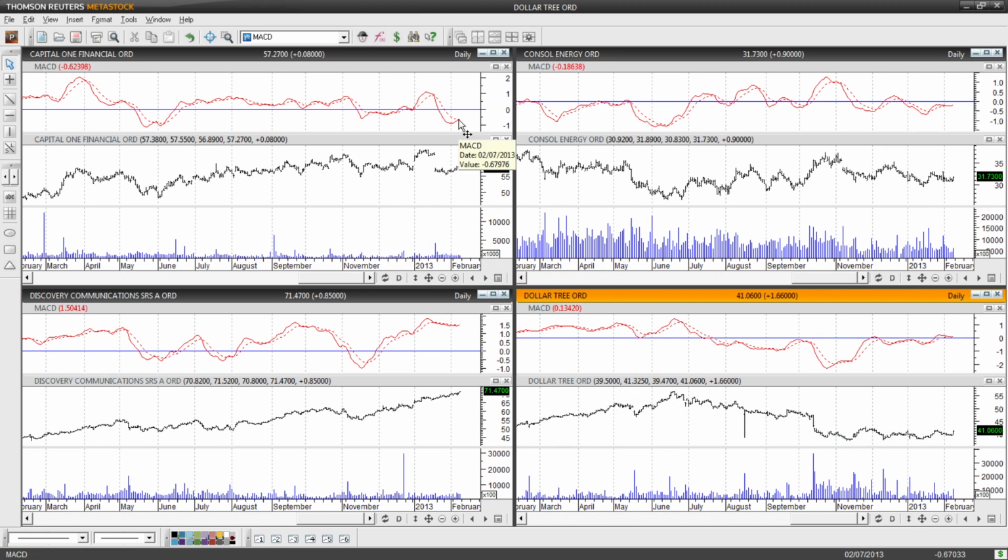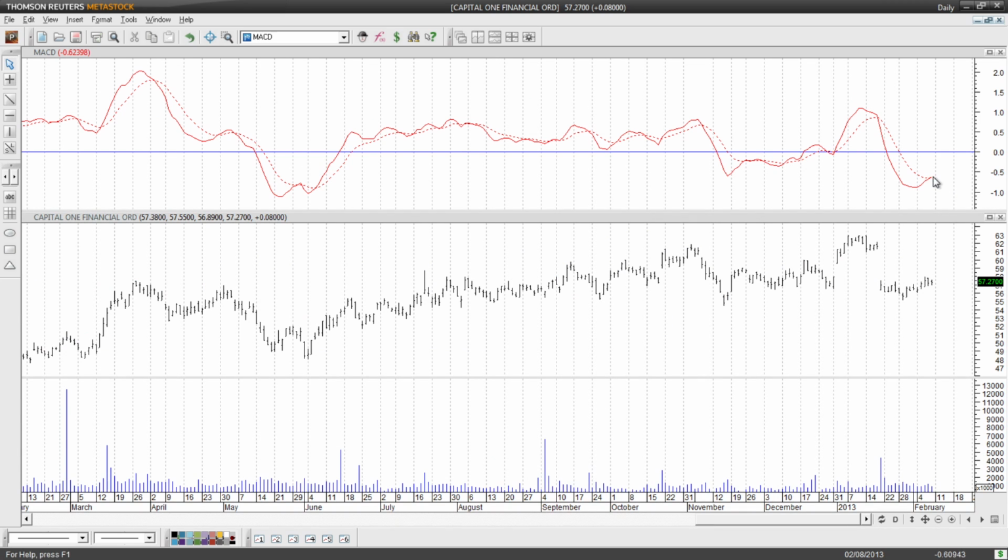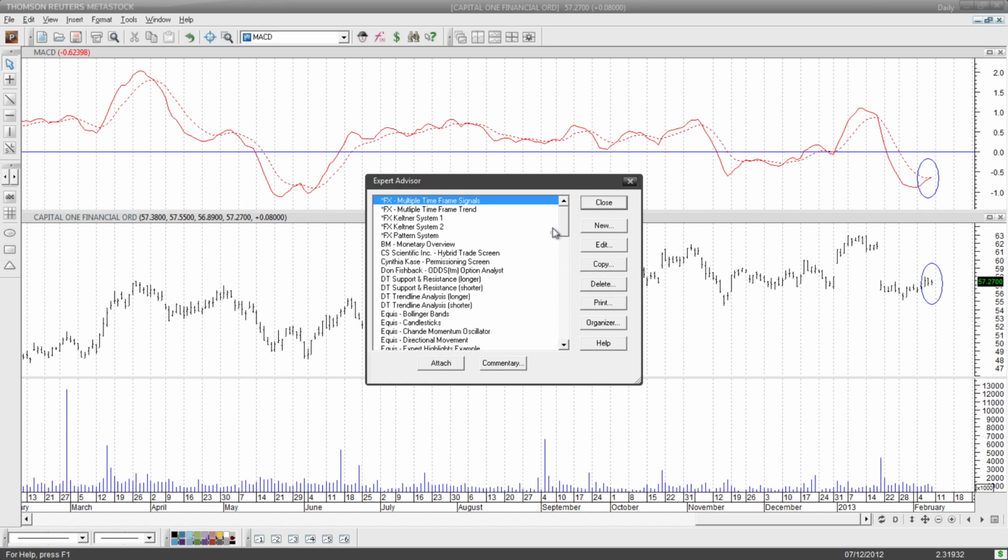You can see right here, Capital One seems to be the clearest one because of these tight lines. So Capital One has just crossed its signal line right here, as we saw in that first Yahoo chart that we looked at. So we see that it's triggered a buy opportunity for us. Let's take a look at what's going on with it here.